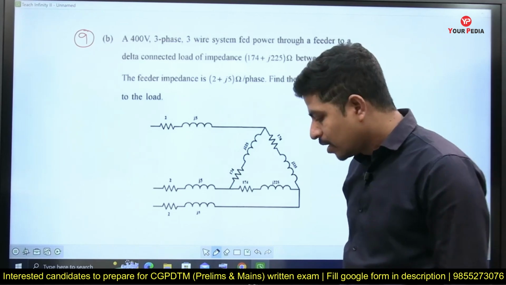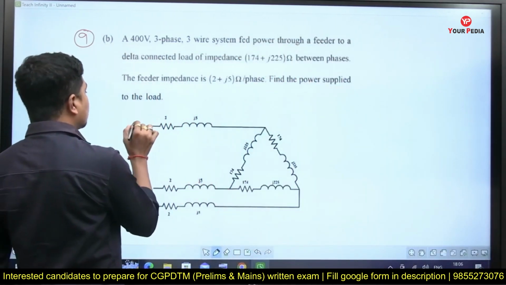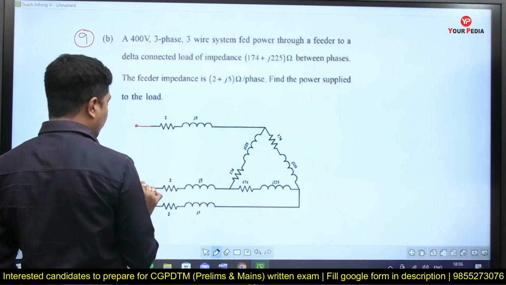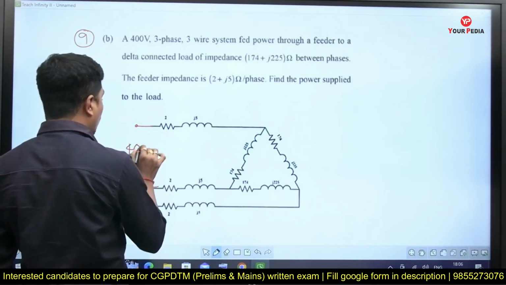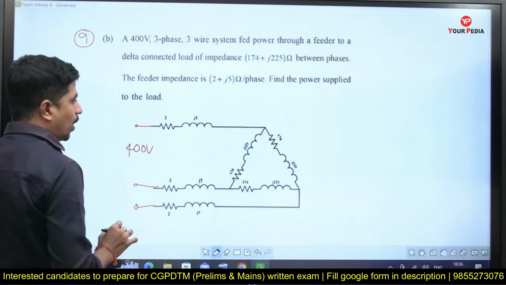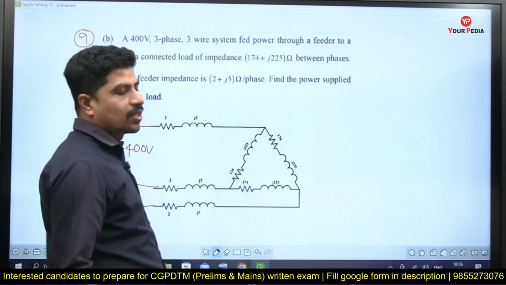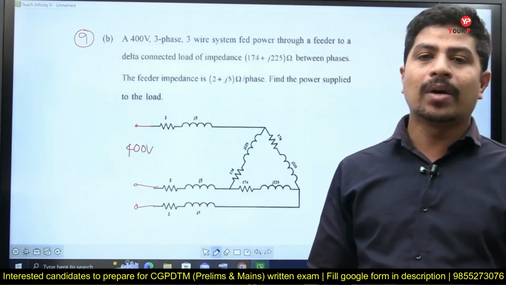He is saying that the supply voltage is 400. Always, if not mentioned, the given voltage is the line to line voltage. Now this is 400 volts, this is also 400, but the angle is different. 400 at an angle 0, 400 at an angle minus 120, 400 at an angle minus 240.